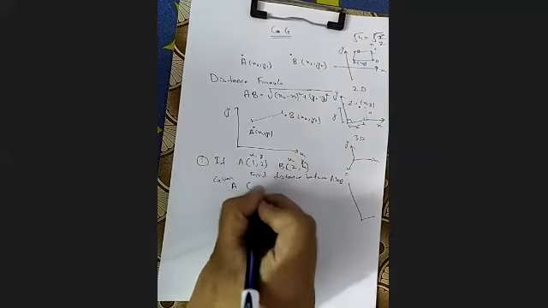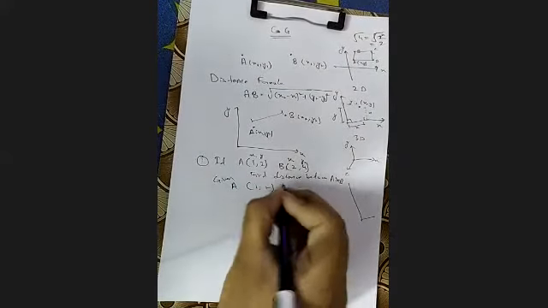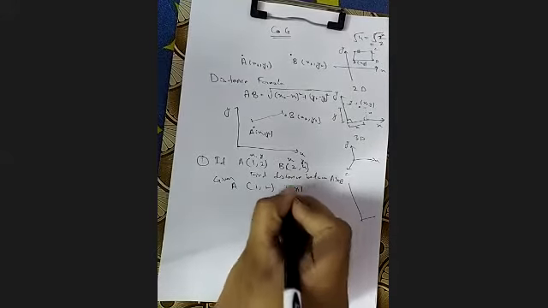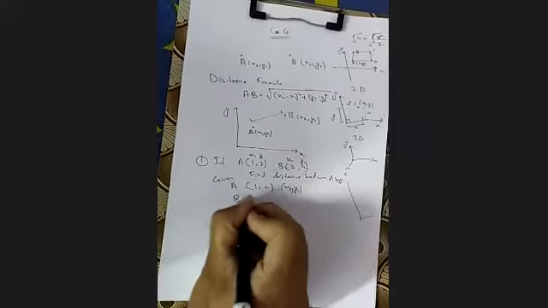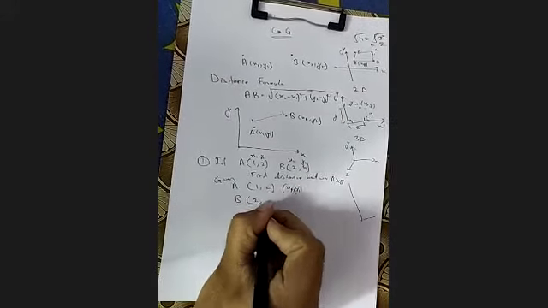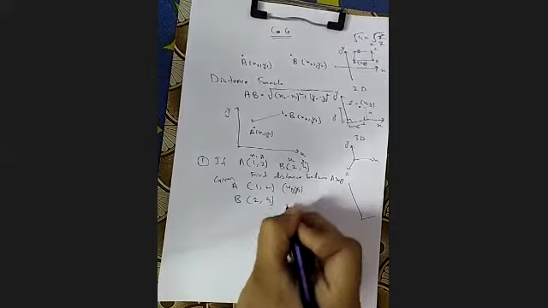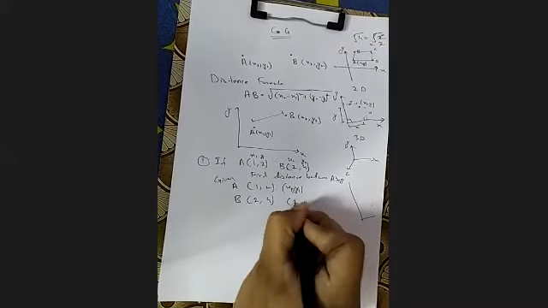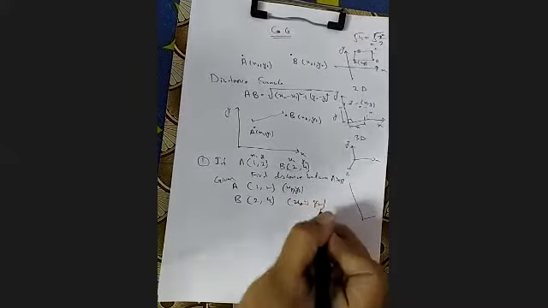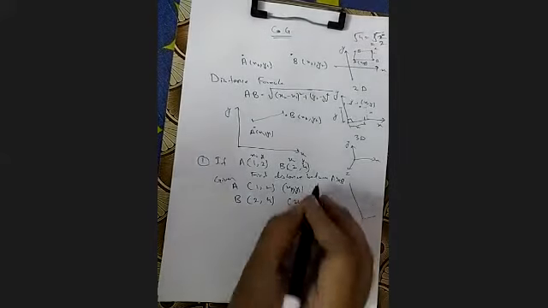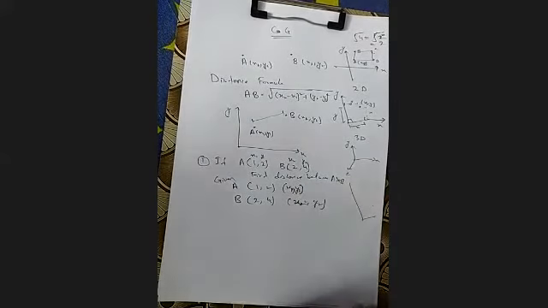What is given to us? A is 1 comma 2, that is nothing but x1 comma y1. B is x2 comma y2, that is 2 comma 4. Understood? Are you following?